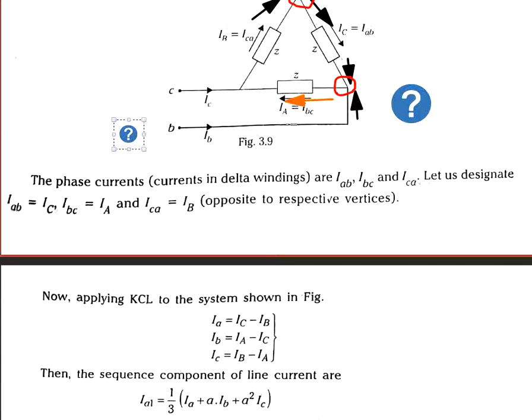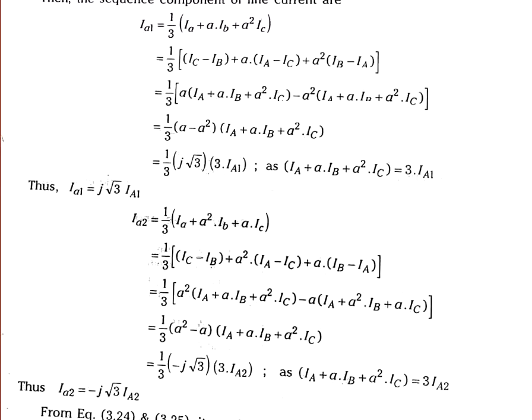So Ib equals Ia minus Ic. It is simple as per KCL. Now we'll go further.